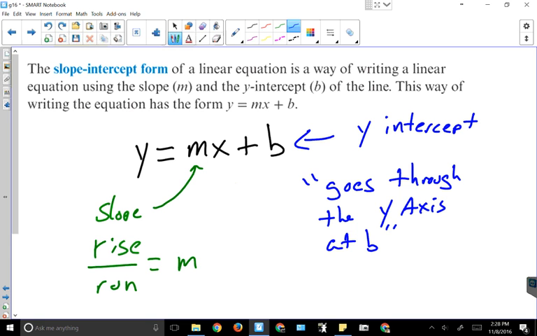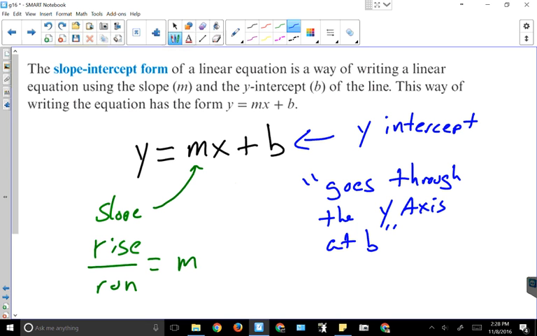Goes through the y-axis at b. Now those two pieces of information, I can graph any line that I want. Any line that I'm given, anything that's there, I can figure it out from there. So, we need a little more time getting started.